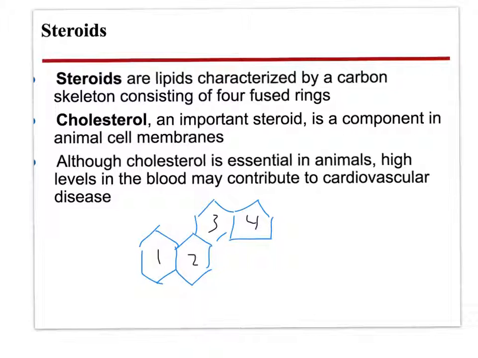The bonds between them may change, and the side groups may change. But that structure stays the same. Okay? And that's cholesterol. Cholesterol is also important in membranes because it wedges in between that hydrophobic layer of the fatty acid tails and prevents those phospholipids from becoming too closely packed to one another. Okay?